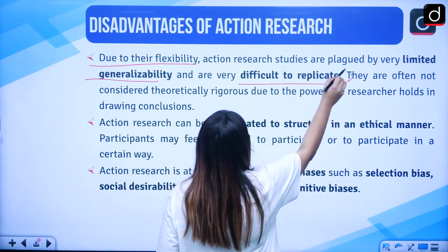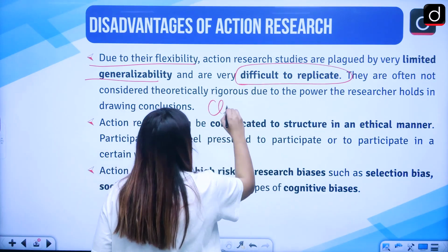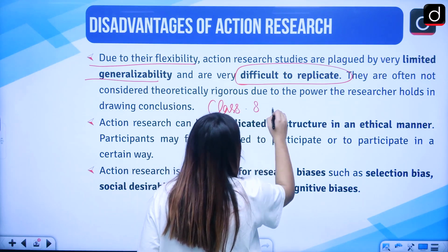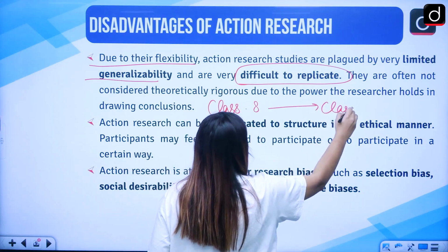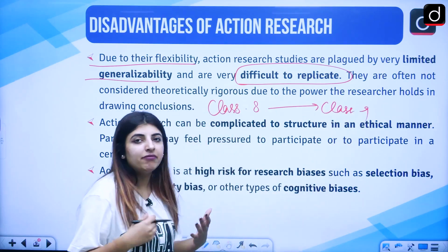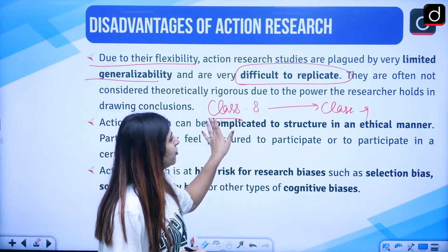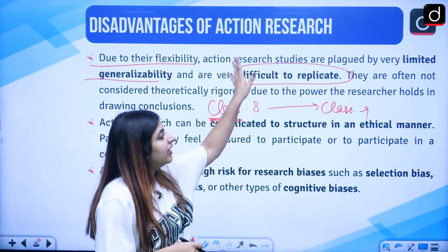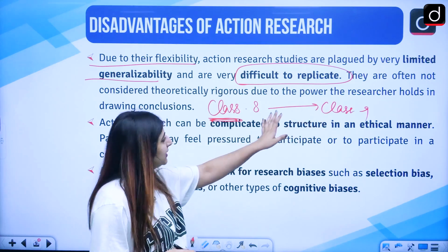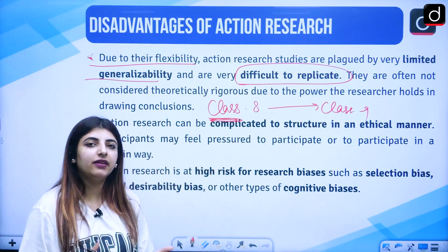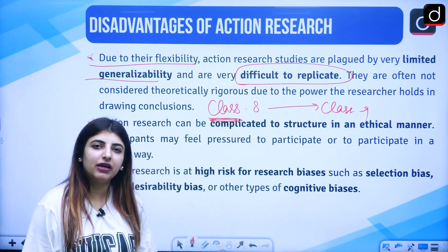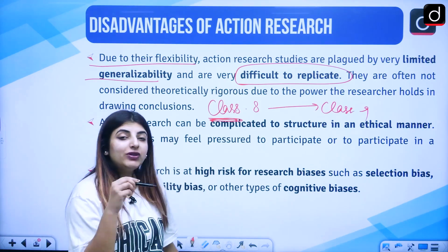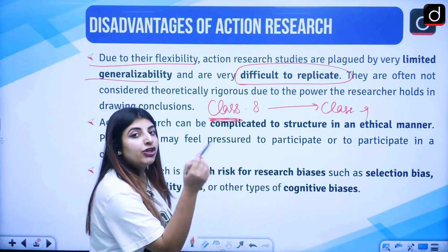Very difficult to replicate because, of course, the class 8 students next year will go to class 9. So the research method that you applied on these very students only, right? When they get promoted to class 9, there will be another set of students coming into class 8. So you cannot use the same teaching method on the new class 8.